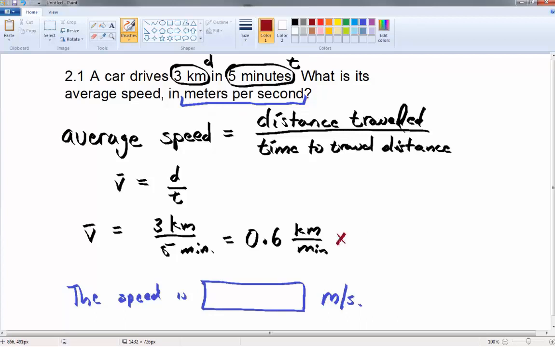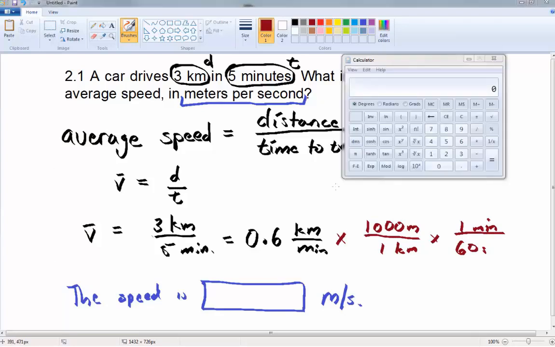So what we've got to do is convert from kilometers to meters. Remember that kilo means 1,000. So there's 1,000 meters per 1 kilometer. And then we have to convert from minutes into seconds. So 1 minute is equal to 60 seconds. Now we need to do some multiplying and dividing.